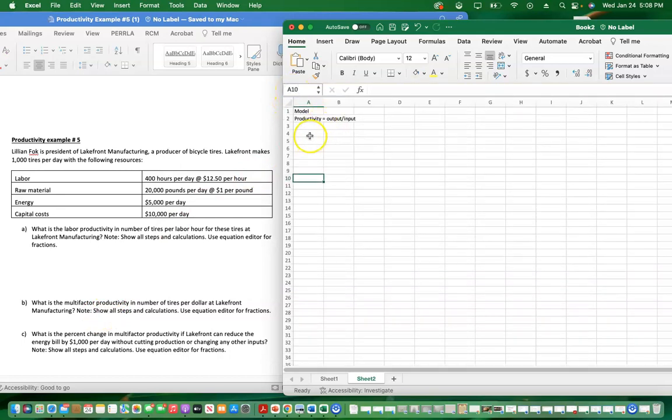But before that, we need to organize this information so that we can answer these kinds of questions. So first of all, identify the output and identify the inputs. So here we can see that we have 1,000 units. Then inputs, first of all, we have labor.